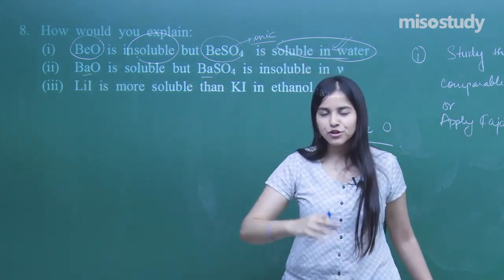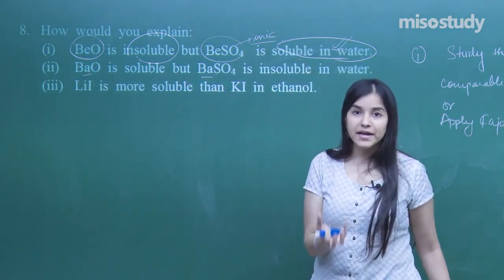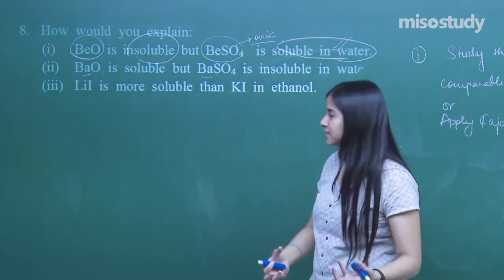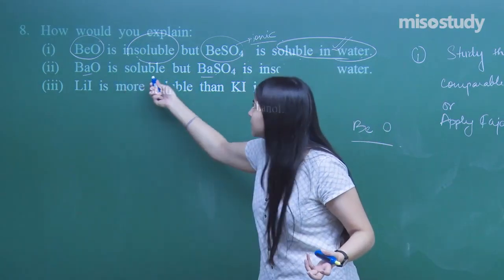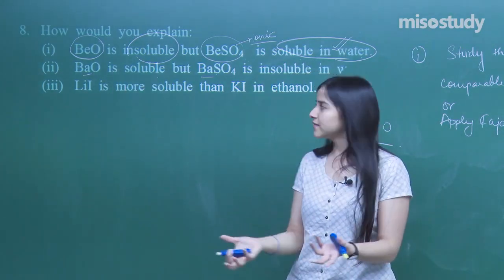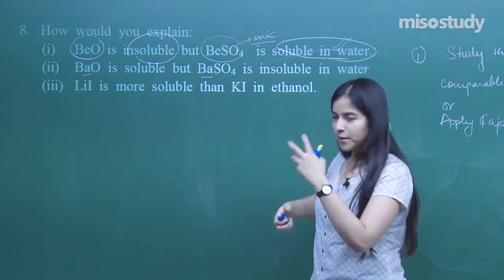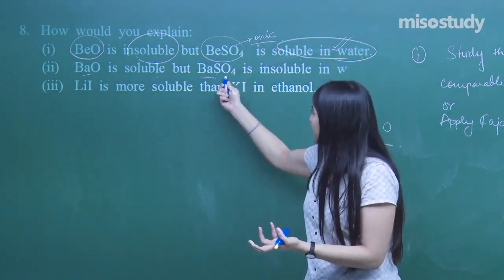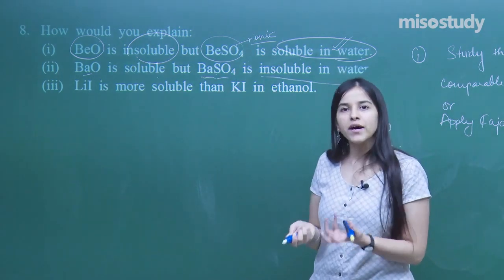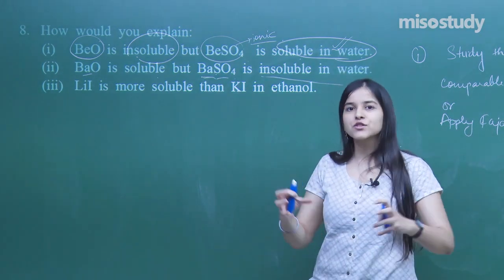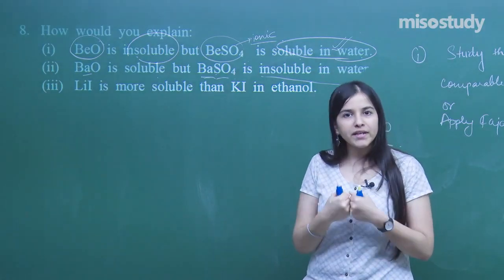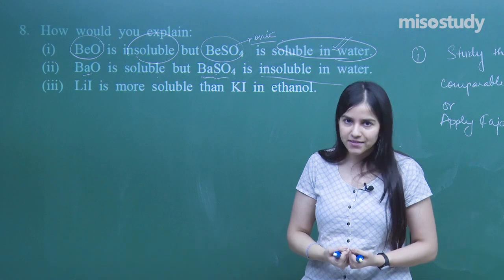If I am going down the group, it is a very big atom, right? Ba is big, O is small, incomparable sizes, so solubility will be there. BaSO4, bigger Ba and bigger sulfate, insoluble in water. Why? Because now the sizes are comparable, very good strength between the two, very good lattice energy, high lattice energy, right?